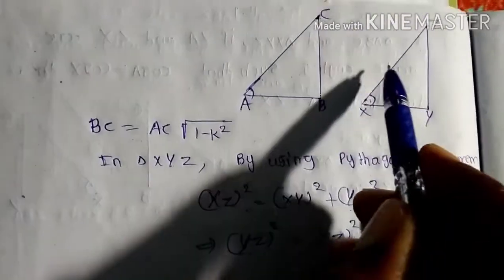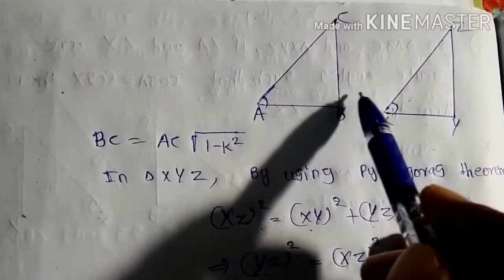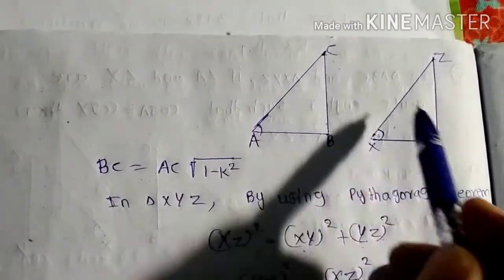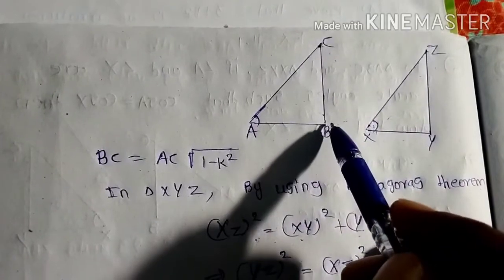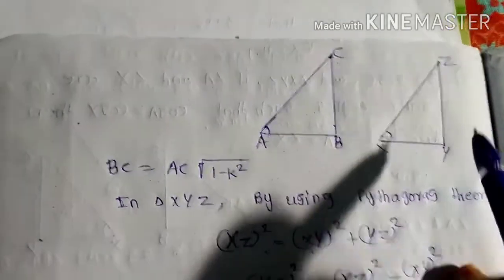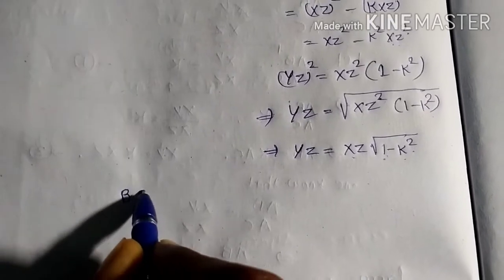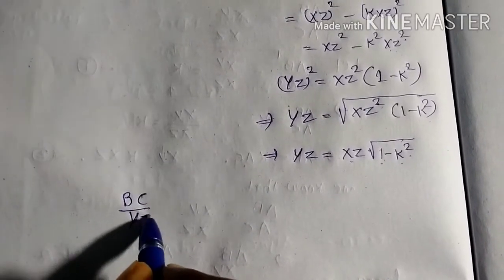Now you need to find here the corresponding ratio of the sides of the two triangles. That means here BC by YZ. We need to find here BC by YZ. BC by YZ is equal, BC value is how much?